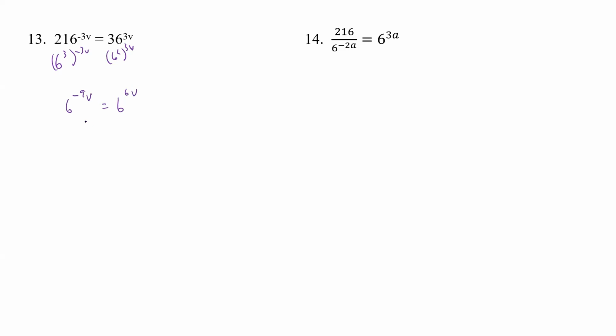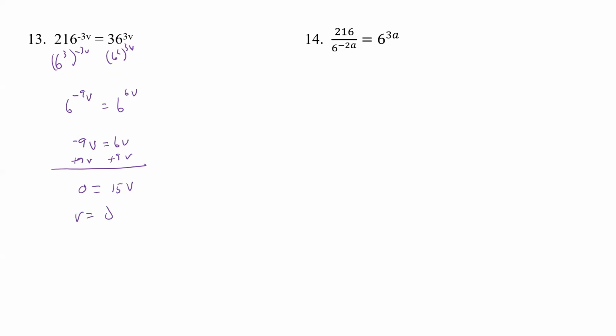Well, I think this is going to give us the same answer as we got on the last one. Negative 9v equals 6v. So let's add 9v to both sides. And so 0 equals 15v, or v equals 0, because divided by 15, you get 0. Okay, and again, that to the 0 is equal to that to the 0. 1 equals 1. That's a true statement.